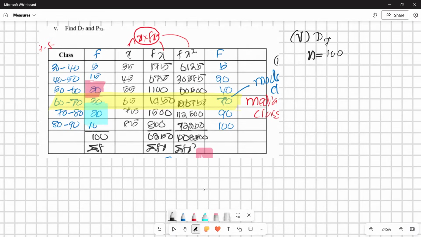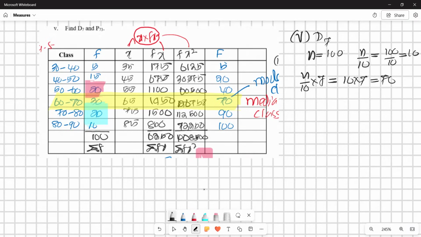Because of deciles, we divide by 10. 100 divided by 10 is 10. Because of the 7th decile, n divided by 10 into 7. This is 10 into 7, which is 70. This is the place you have to search in the capital F column.